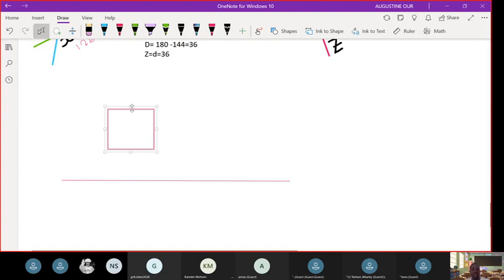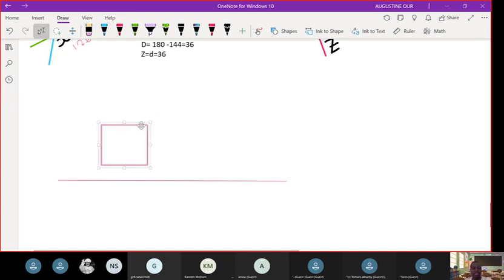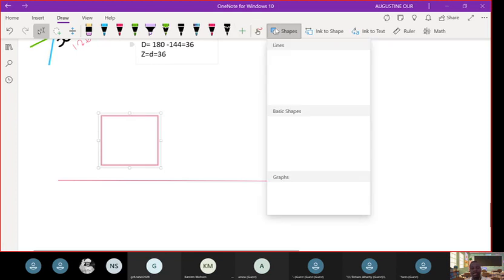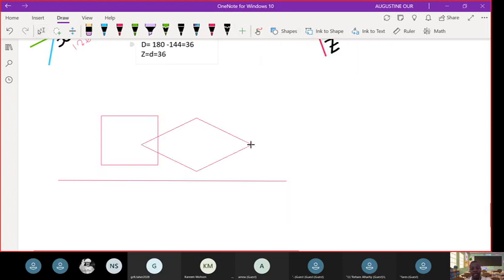I don't know how to rotate it, but I believe I can. Maybe if I just touch it. Let me think. I can't. I can't rotate it, but it should be allowing me to do that. So I can pick another square. Okay, I can pick this shape and turn it into a square.